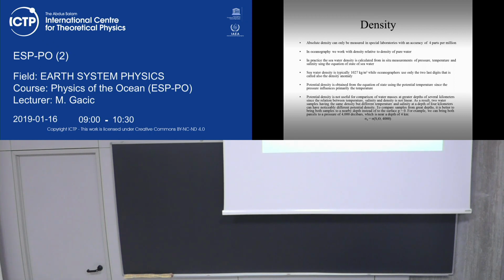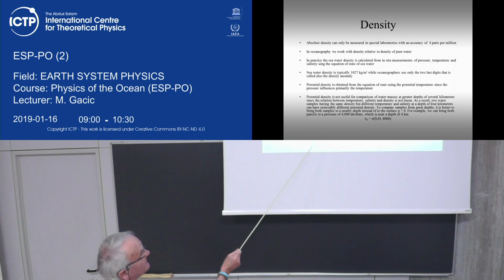The deeper our water parcel is, the higher the density simply due to the pressure of the water column above. And in order to eliminate this part, we use the potential temperature in order to get the density which doesn't contain the influence of the pressure.